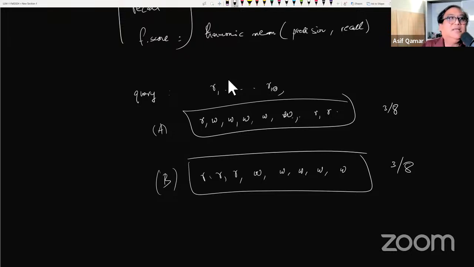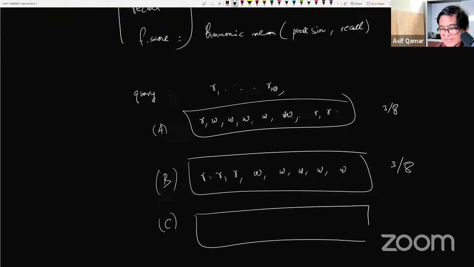Suppose that you take a third result, which is like this: wrong, wrong, wrong, wrong, right, right, right, right. What's the accuracy of this? Would you prefer C or B?